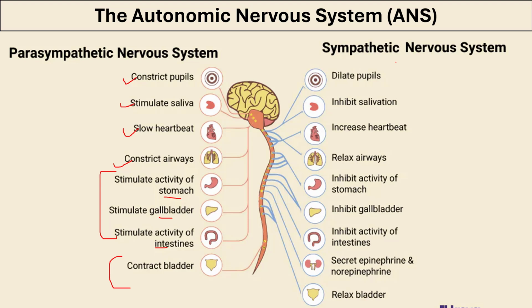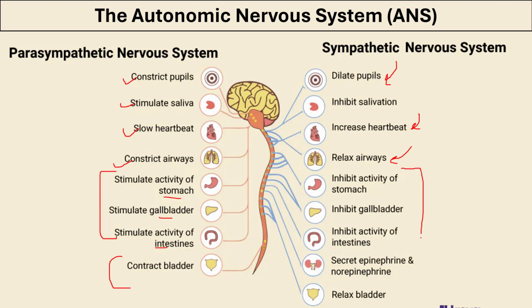Whereas when we are in a panic situation, we want to focus more on the information, and our heartbeat is racing. We want to send oxygen and nutrients to all the parts of the body because we want to produce more energy and be ready for fight or flight responses, and we are hyperventilating.